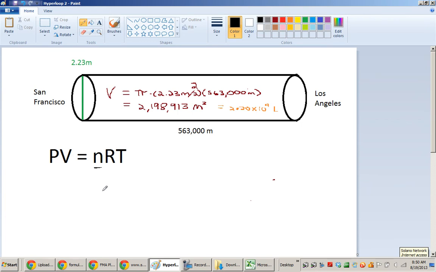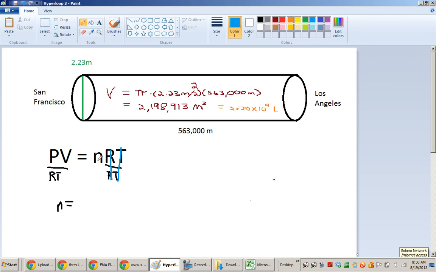The reason I'm saying this is because we can solve for n by dividing both sides by RT. If I divide both sides by RT, I end up canceling out the R and T factors, so I'm just left with n.